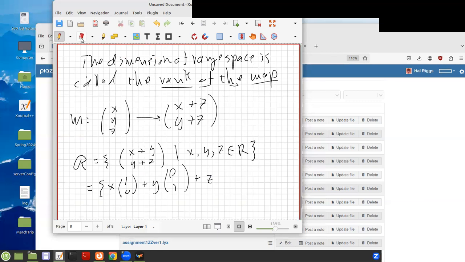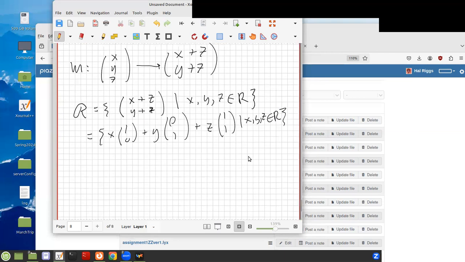So I can write this as X times (1, 0) plus Y times (0, 1) plus, wait, I missed, this is X plus Z, Y plus Z. So I have X, Y, and Z times (1, 1), such that X, Y, and Z are members of R. Okay, so I can see that I've written R as a span.